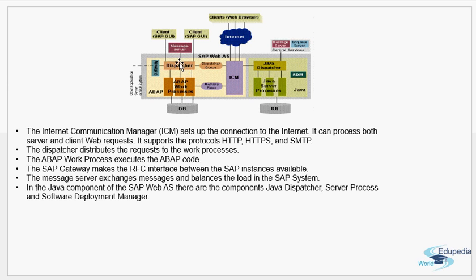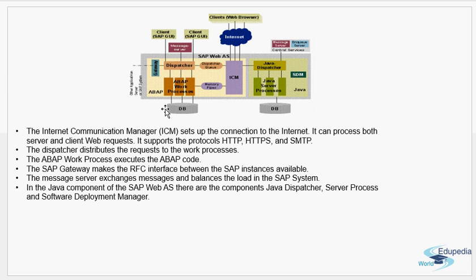Once the request comes to the dispatcher, it sends it to any one of the ABAP work processes. These work processes actually perform the processing of the code in the database. Again they send it to the dispatcher, and it finally goes to the presentation layer again. So when you log on from the GUI, it goes to the message server, it sends to one of the application servers, and the dispatcher picks it up from the dispatcher queue.